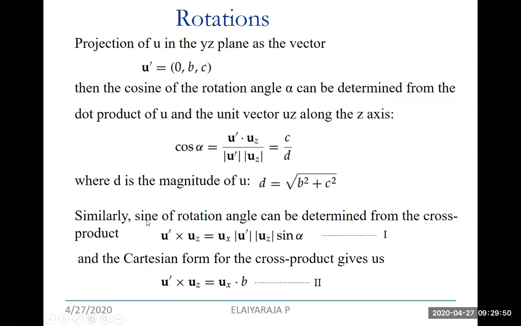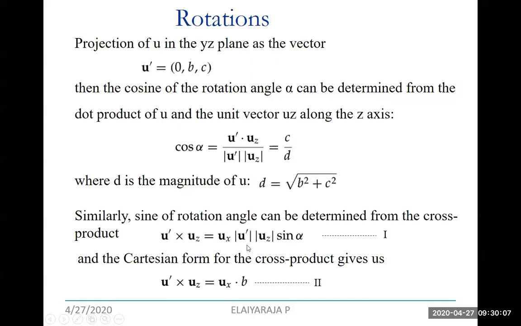Similarly, the sign of the rotation angle can be determined from the cross product, where you will see u dash into cross product of uz, you will get this, right?